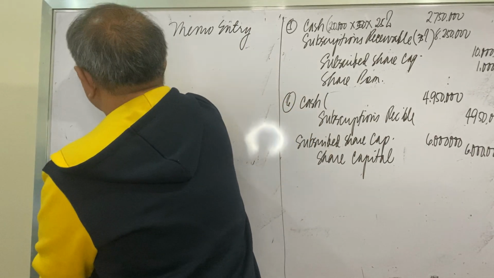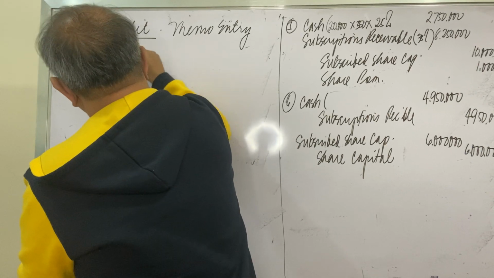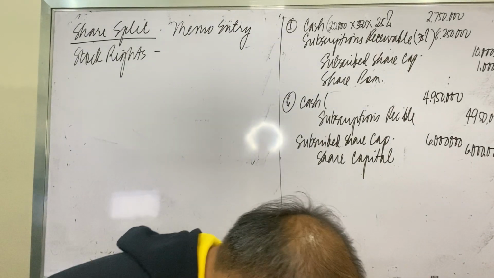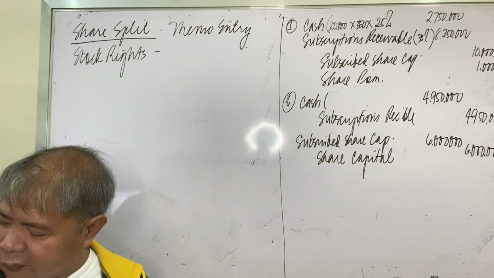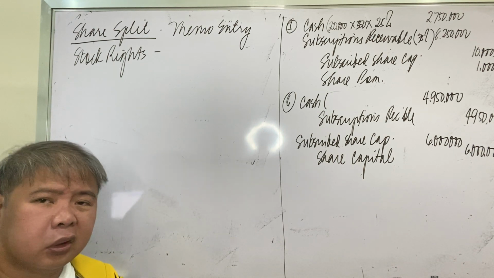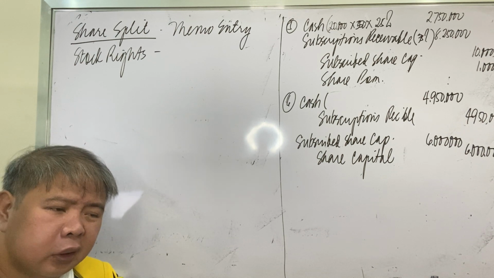What about stock rights? I'm sure you recognize stock rights. What is a stock right? Stock rights are rights of a shareholder to subscribe to additional shares should the corporation issue additional shares.